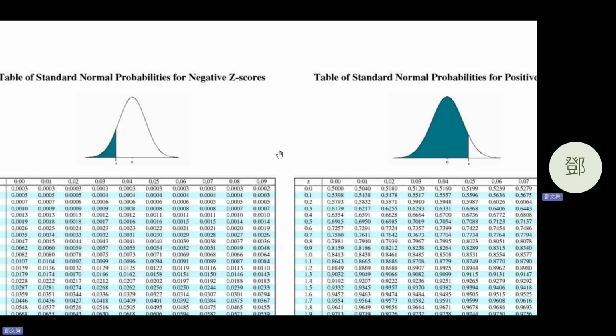So what is the value here? What is the area here? This is the area left to 1.3. So what is it? 0.9032.